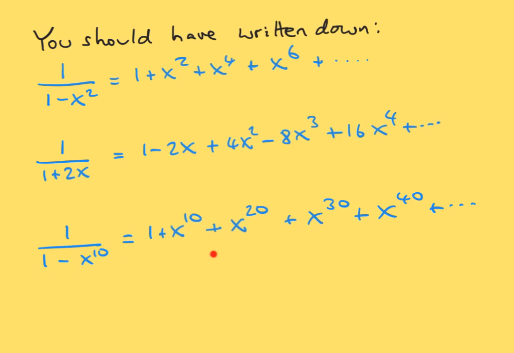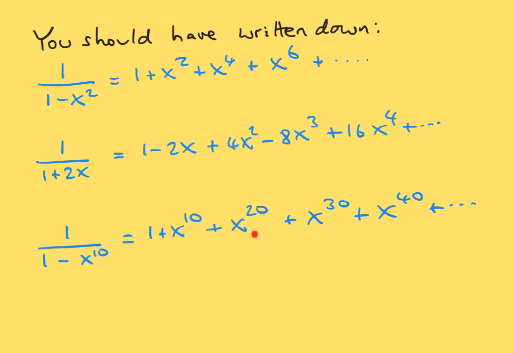And if you look at something like this, if you know the expansion for 1 over 1 minus x, you can write this down immediately. If you didn't know it, you could always say, well, I'm looking at 1 over 1 minus u, find the expansion in u, and then replace u by x to the 10th everywhere.